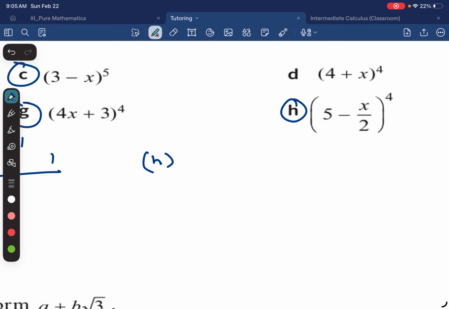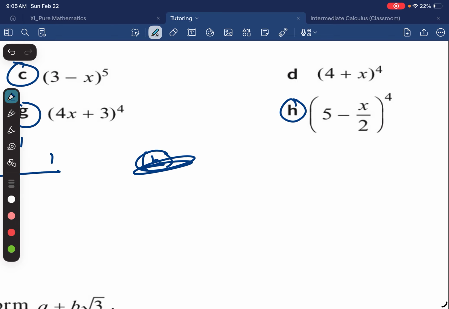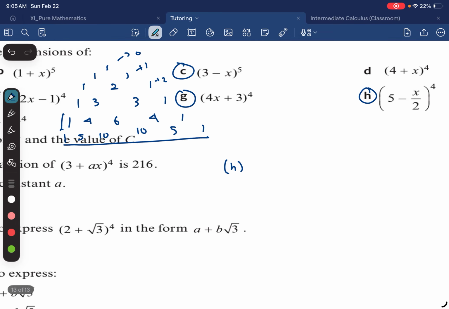See, again, you can expand it out and you can figure out what the coefficient is. So let's do it both ways. So first, let me expand it out using Pascal's triangle. So I'll go to my 5th row, where my n is equal to 4.